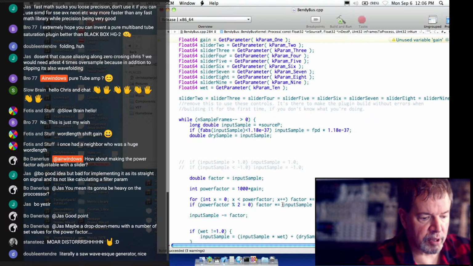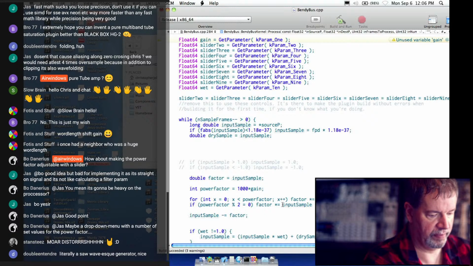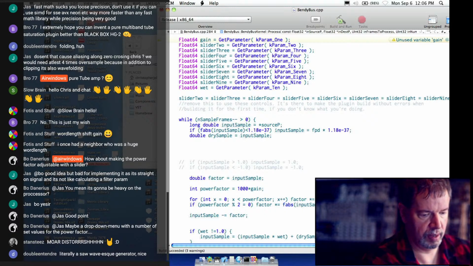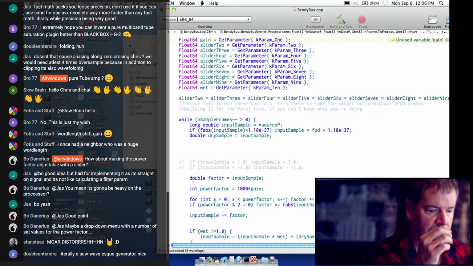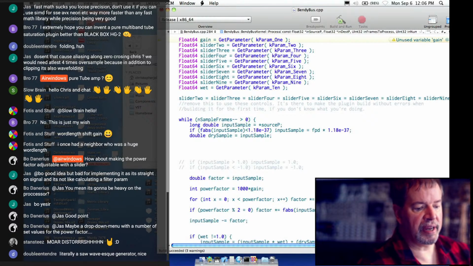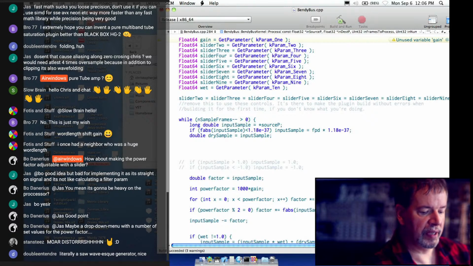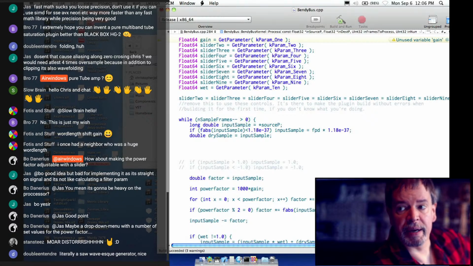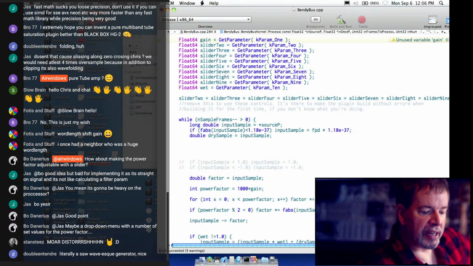Remember how we do the absolute value thing? No, we're doing this, and then for every other power factor that we settle on, it'll do an additional multiply, but by the absolute value of the input sample, meaning that if I chose this correctly, everything is going to be asymmetrical.